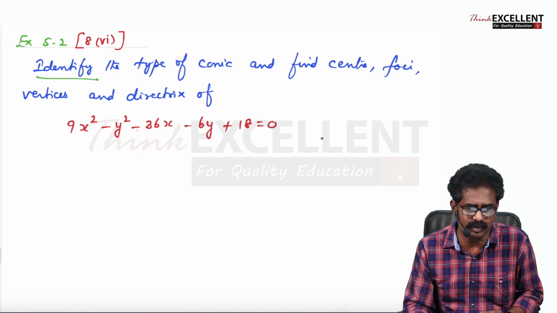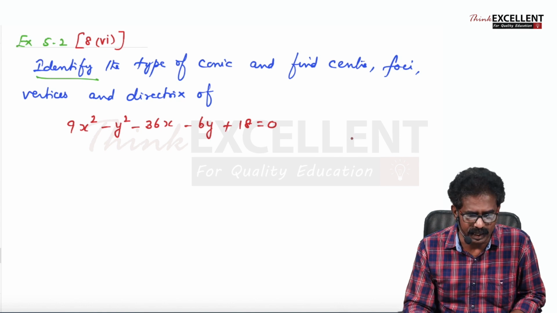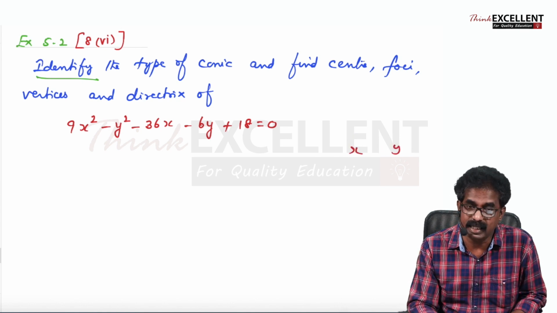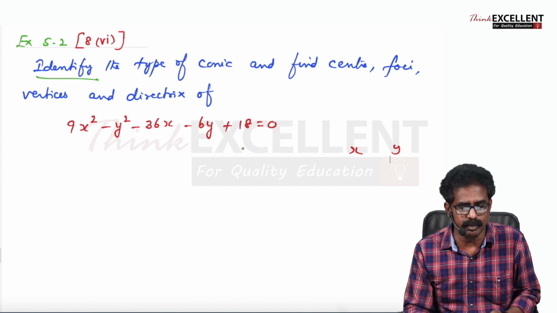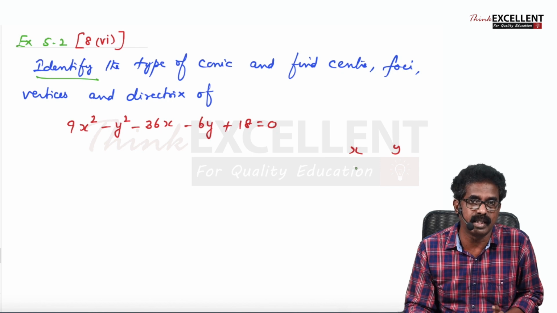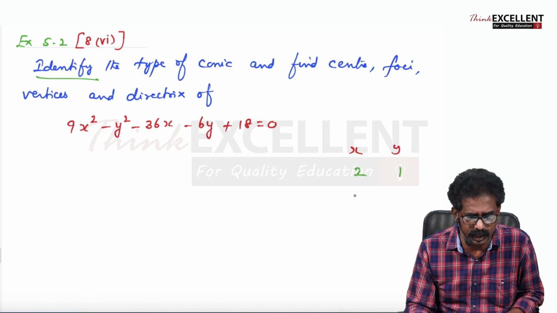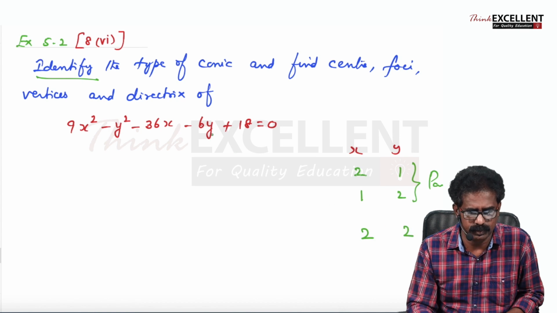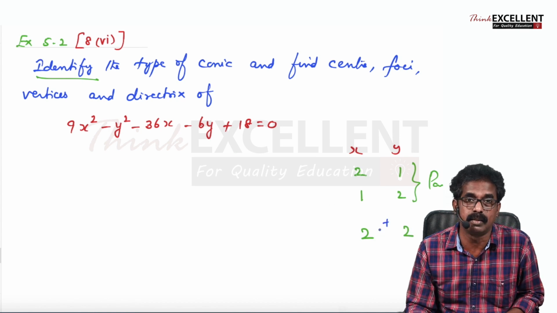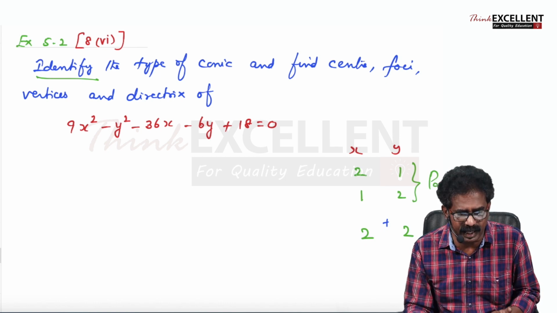So just to recall everything, it depends on the degree, right? You see the degree of x and y. Here there is no xy term. If xy term is there, it is a different method, right? So here xy term is not there. Then you see the degree of x and y. If x degree 2, y degree 1, or x degree 1, y degree 2, it represents a parabola, right? x degree 2, y degree 2, in between the sign is plus, and the coefficients are different, ellipse.